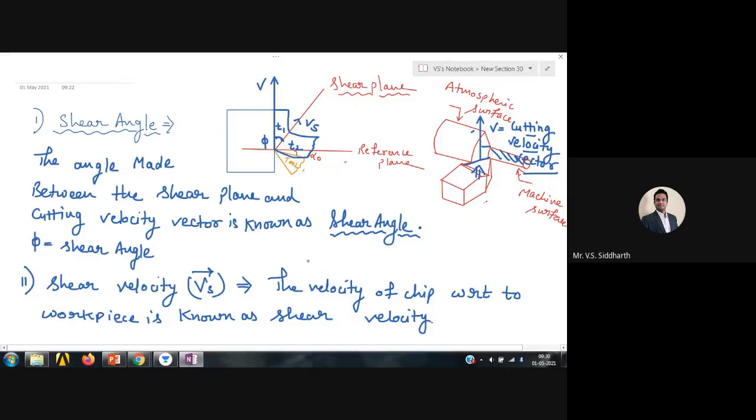Now, the third one is chip velocity. That is Vc.